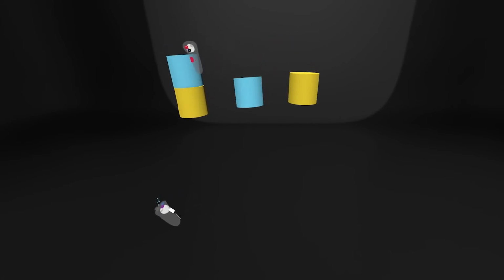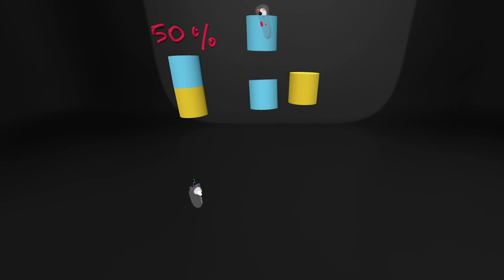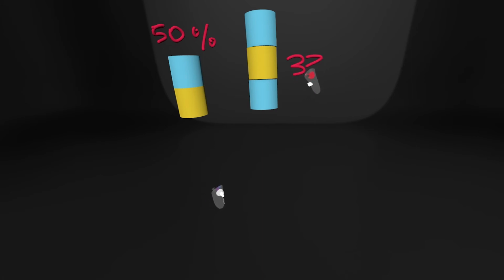Now, if we have a solution of 1 cup of orange juice and 1 cup of water, this is going to be a 50% orange juice solution. But if we have another solution over here, and we have 2 cups of water with 1 cup of orange juice, this is going to be 33% concentration of orange juice.